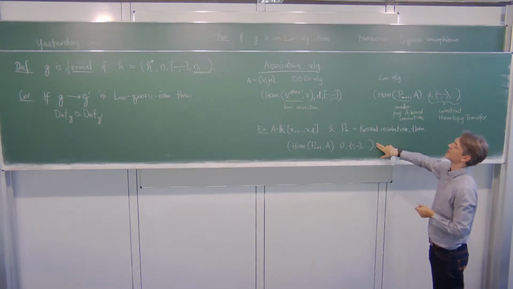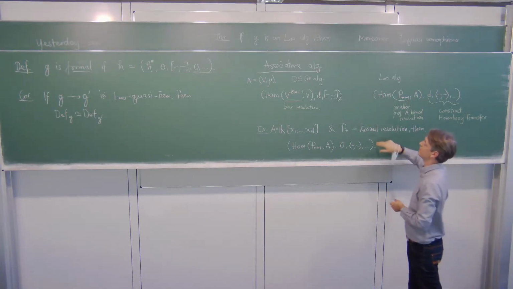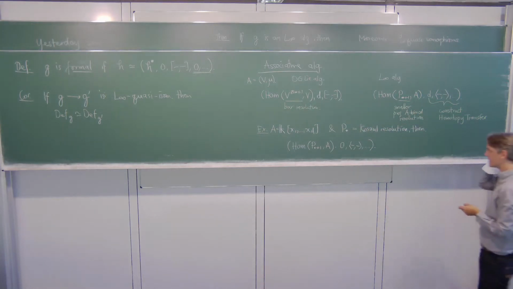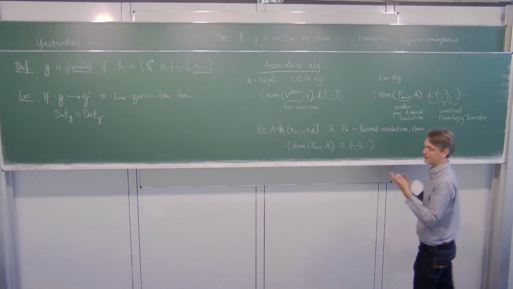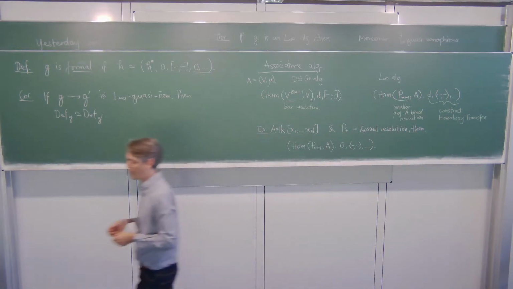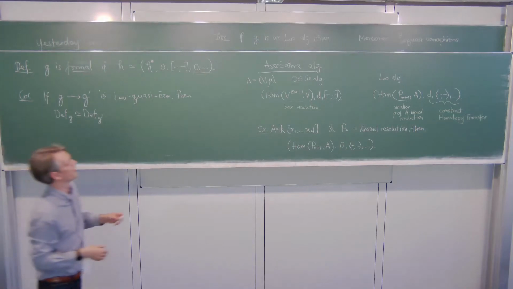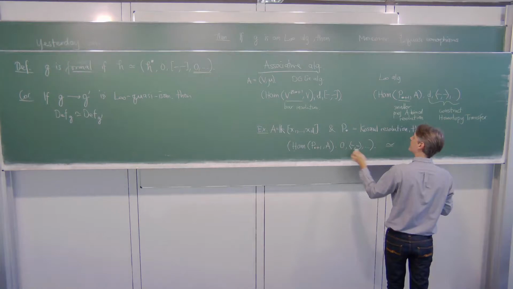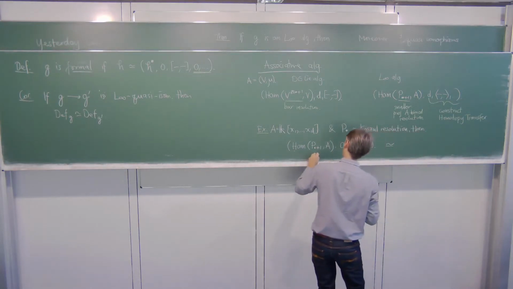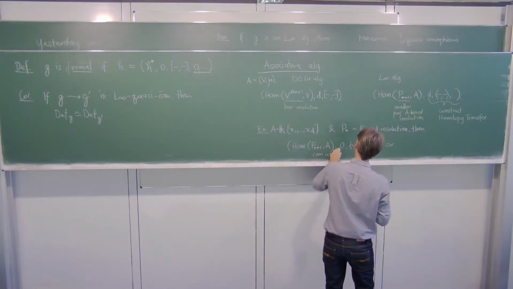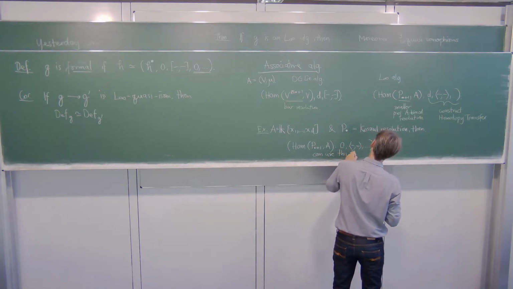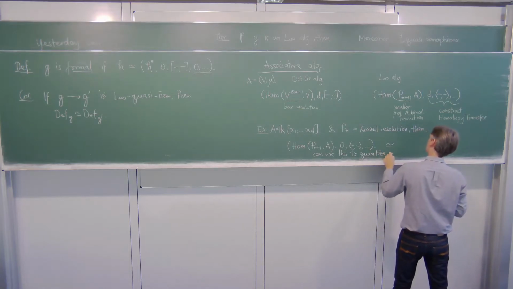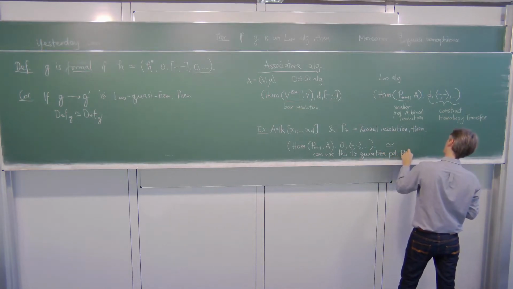Since by construction this is L-infinity quasi-isomorphic to the original one, they describe the same deformation problem, or at least isomorphic deformation problems. Then you can use this to quantize polynomial Poisson structures.